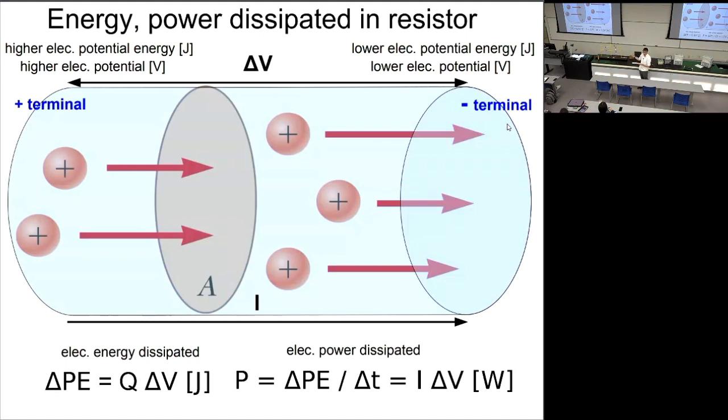There's some change in electrical potential energy as this current flows down the electrical potential hill. What is that change in electrical potential energy? It's given by this equation here.